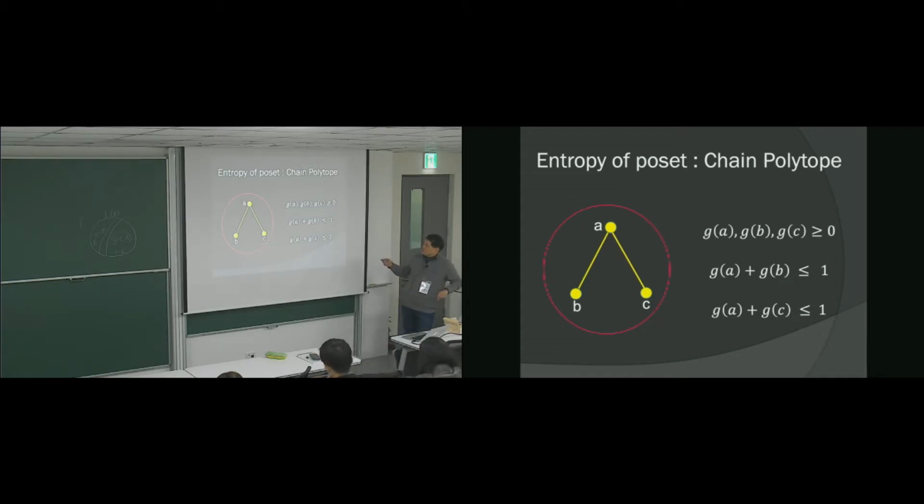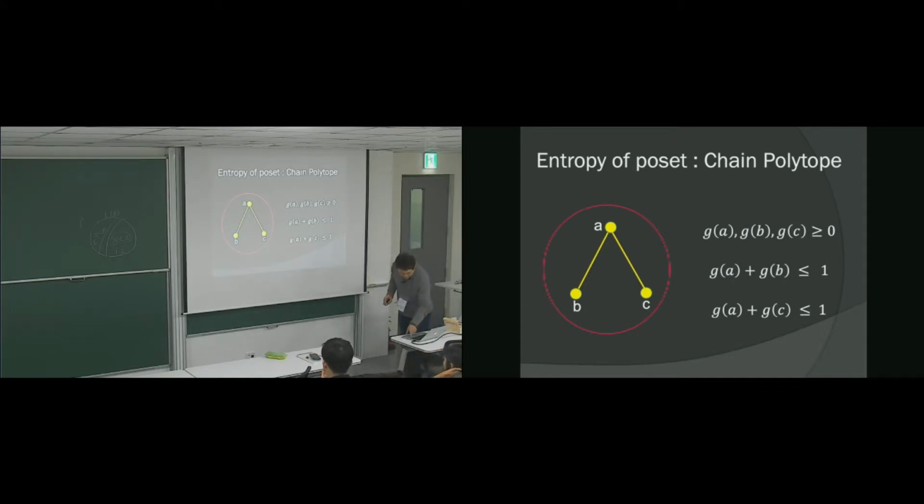So this is a chain, and this is another chain. This is not a chain because we don't know which one is bigger. So we have two chains. So the chain polytope is a simplex, not simplex, it's a polytope satisfying this one.